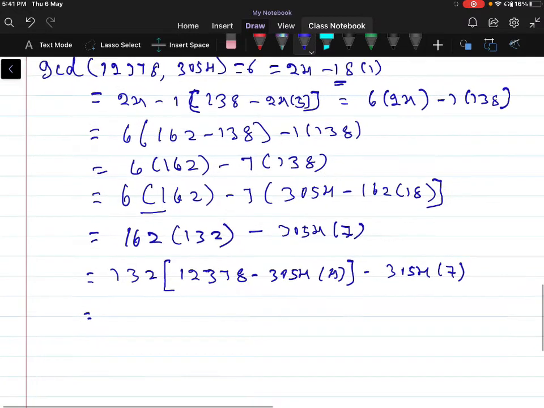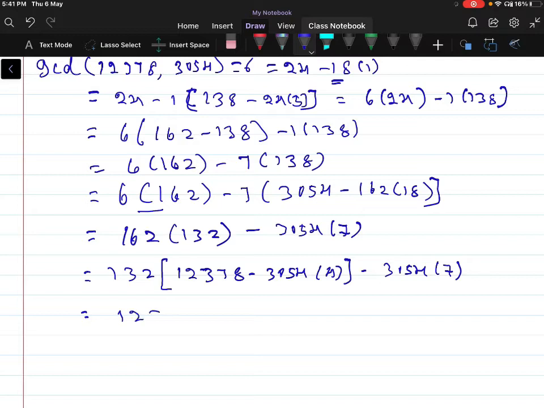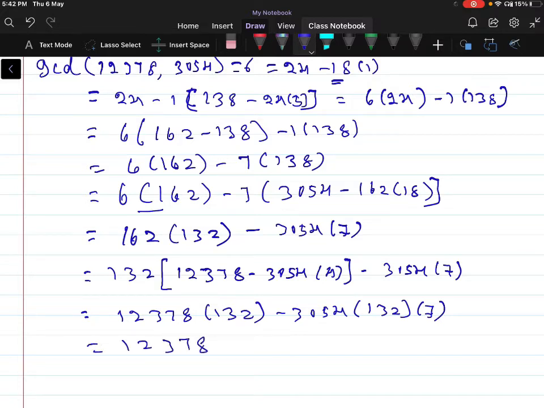So this is equal to 12378 into 132 minus 3054 into 132 into 4, and 7 times 3054, so that is 12378 into 132 minus 3054 into 132 into 7, correct.